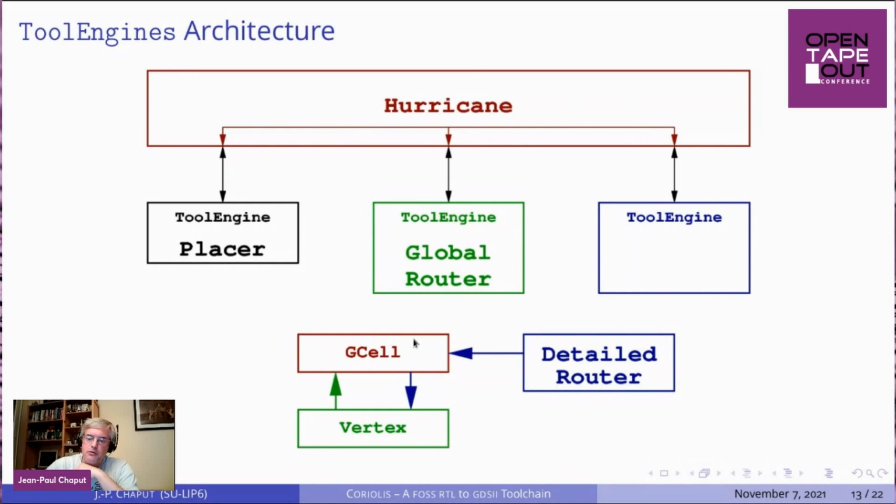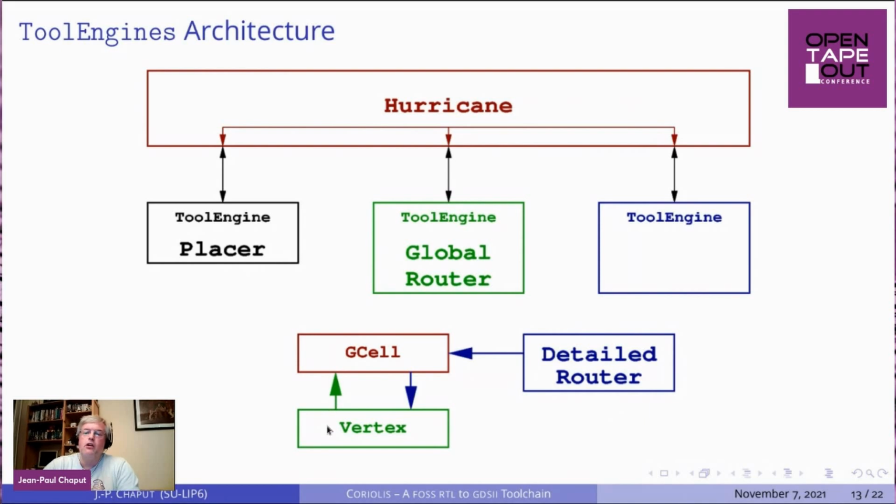In the lower part, I present how the G cell is organized. The G cell is one brick of the global routing. The G cell is also used in the detailed router. It's also used in the global router through the vertex.